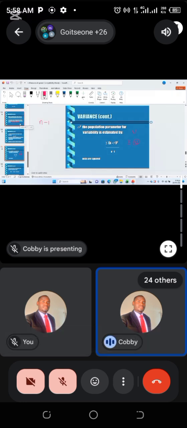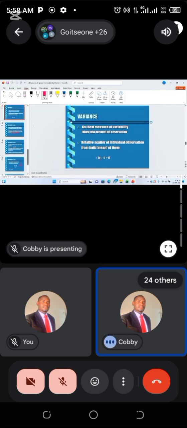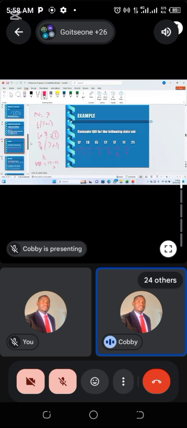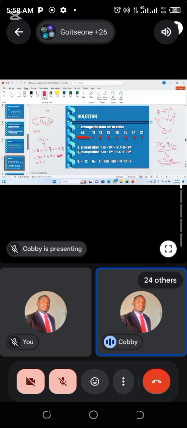So we go to our data set, which we are using. The first thing, we have to find the arithmetic mean or the average for this data set.